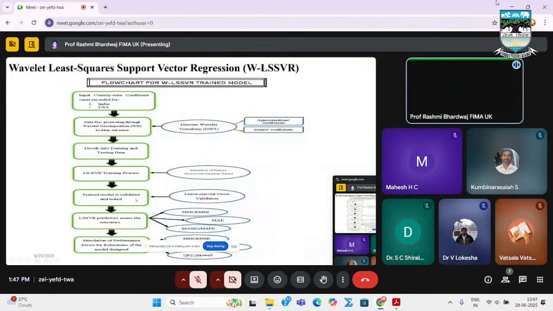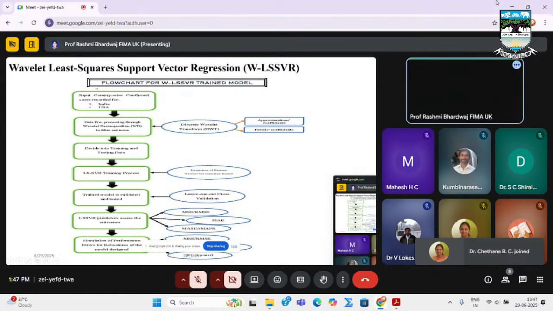Now we take the flow chart which we have used for wavelet least square support vector regression. We take the input data of the confirmed cases for, say, India and USA. We preprocess this data using the wavelet decomposition model. Here we have used the discrete wavelet transform, and then we divide this into the approximate coefficient and the detail coefficient. Divide this into the training and testing data.